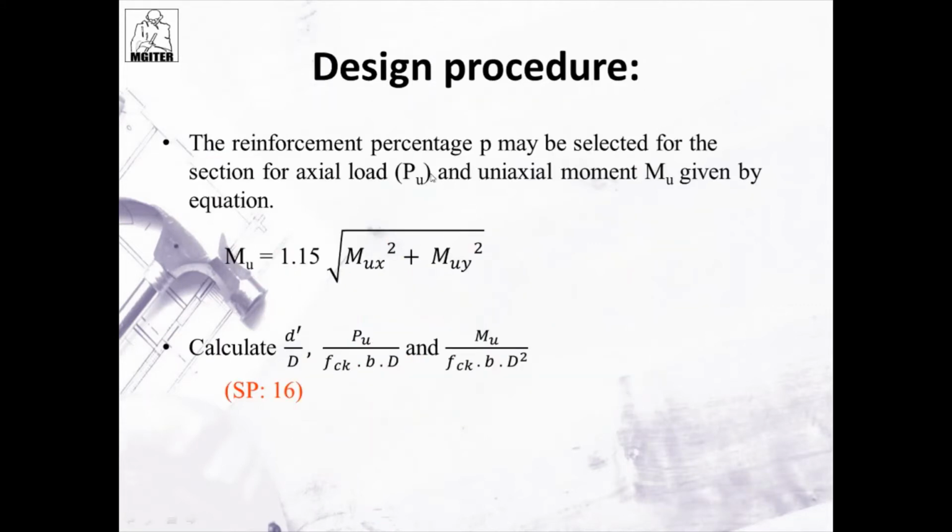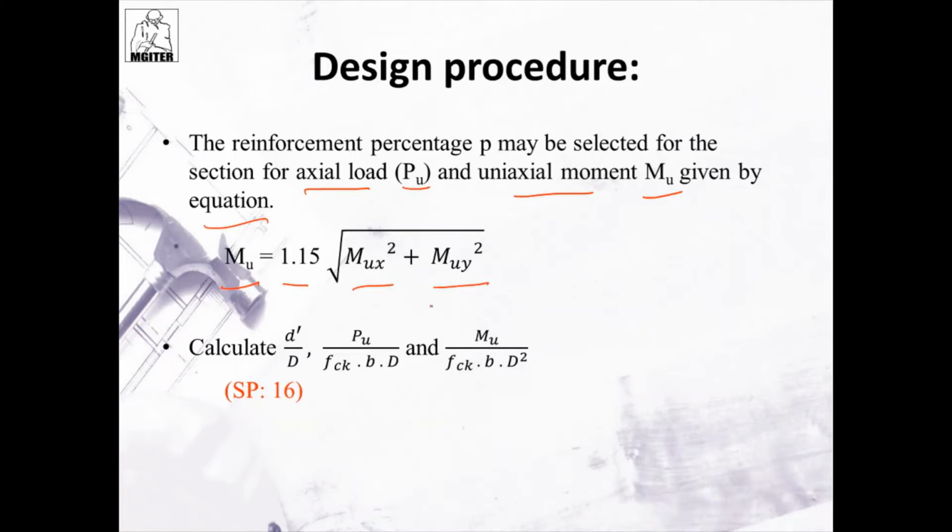Now the reinforcement percentage p may be selected for the section for axial load PU and uniaxial moment MU given by this equation: MU is equal to 1.15 times the square root of MUX square plus MUY square.